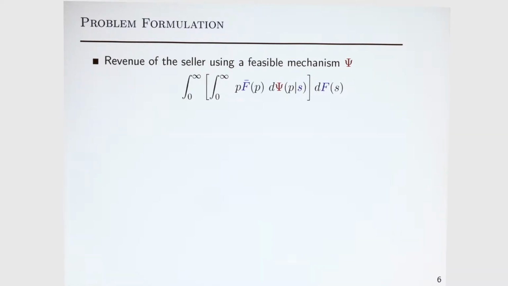So it's P times the CCDF of P. But we can randomize over the price. So this first integral is just averaging over the randomization that we are taking. And we are making the decision psi. And each decision we can make is contingent on the sample that we have observed.